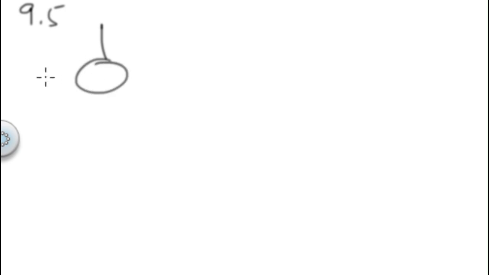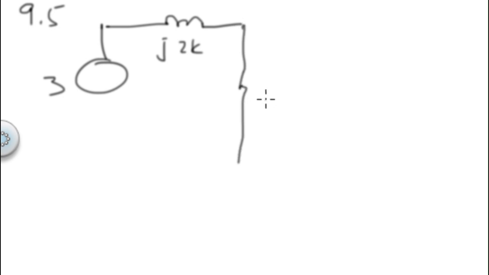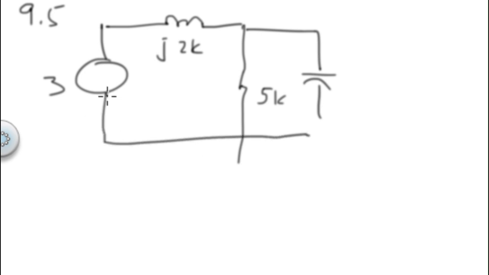So we've got 3 volts, and we've got an inductor up here that's J 2K, and we've got a resistor down here that's 5K, and we've got a capacitor over here that's minus J 2.5. And sometimes this is the way it's given to you, and that's okay.